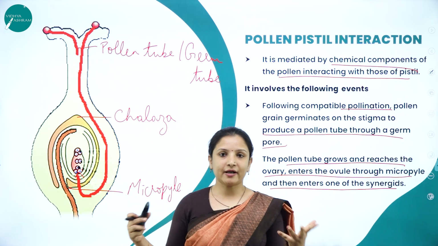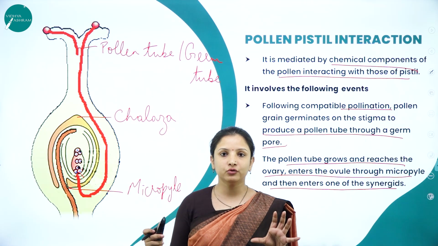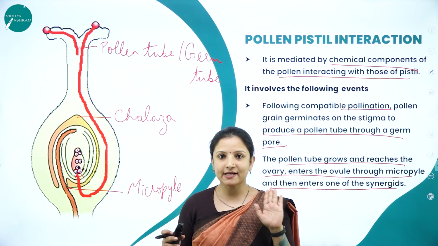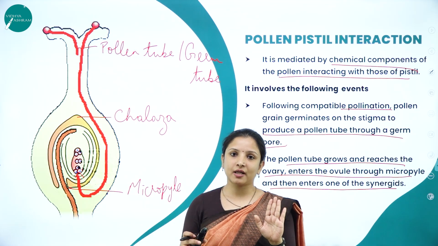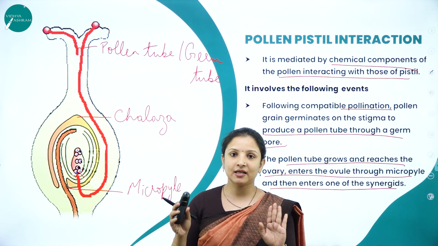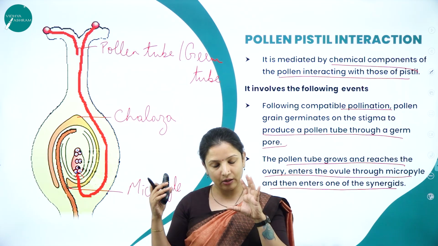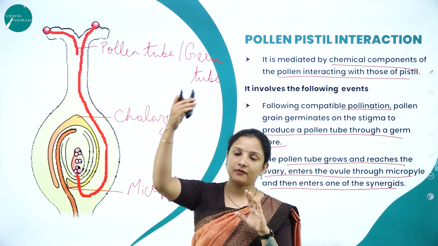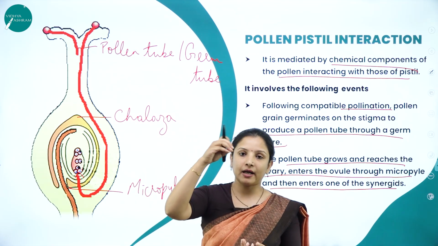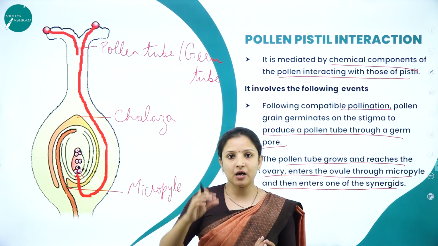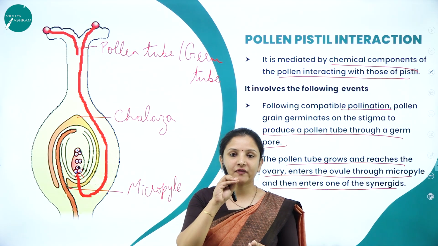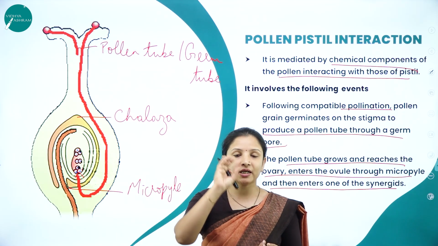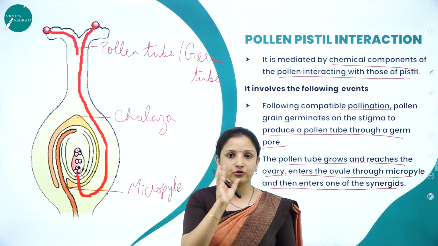Now what did we get to learn so far? We got to know that the embryo sac is ready to receive the pollen grains. Then the anther is ready. It has released the pollen grains. Now the pollen grain has traveled through the process of pollination and fallen on the stigma. Now the stigma, if it is compatible with the pollen grain, will allow it to produce the germ tube.